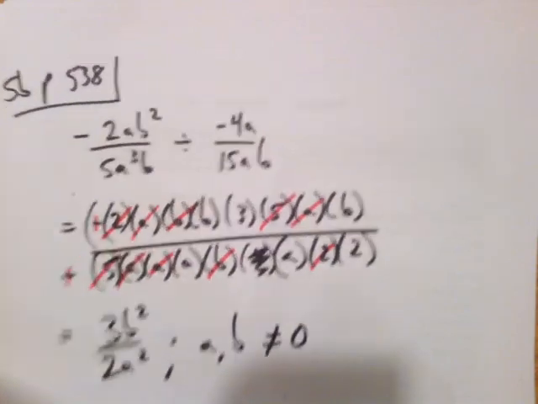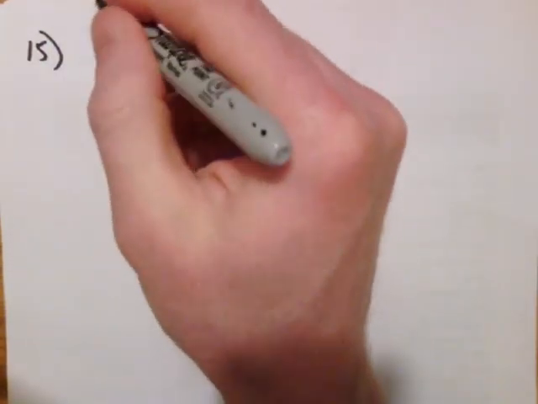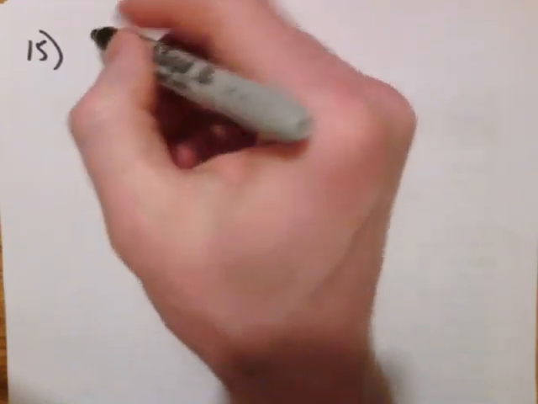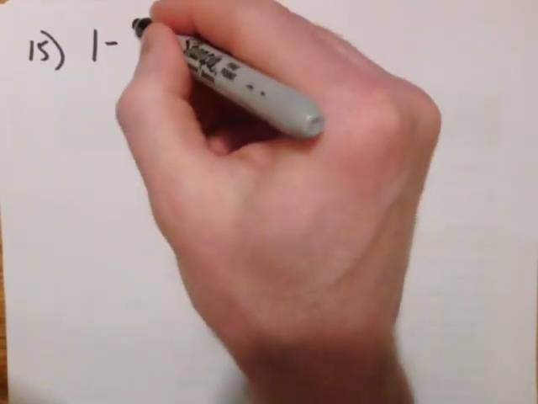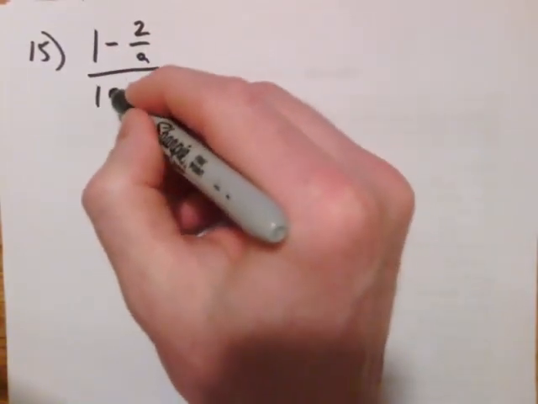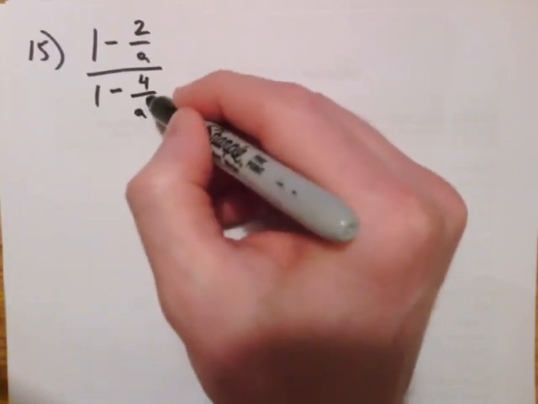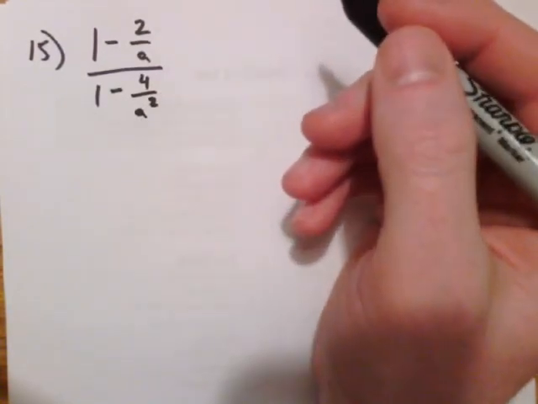And then 15 was desired as well. Simplify. Oh, it's tricky, hey? 1 minus 2 over A, over 1 minus 4 over A squared.